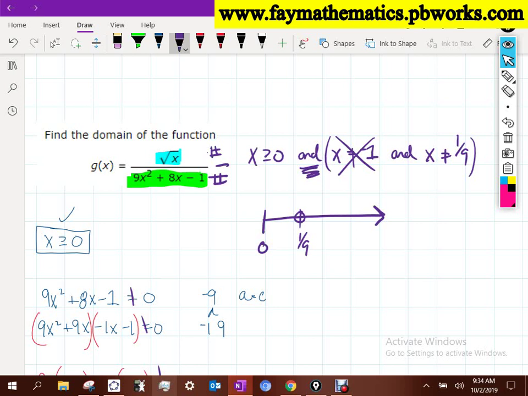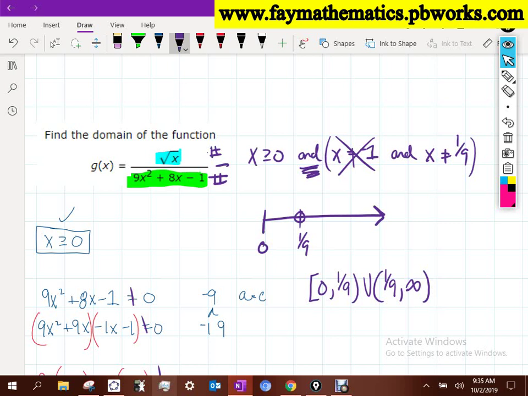So then to write my interval, we're going to start at 0, go up to 1/9, kick out 1/9, and go all the way up to infinity. And now what that does, that gives me a list of numbers.